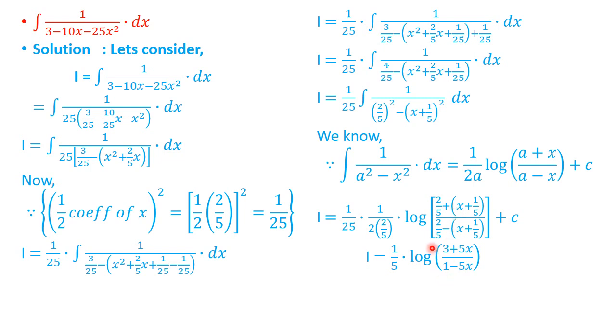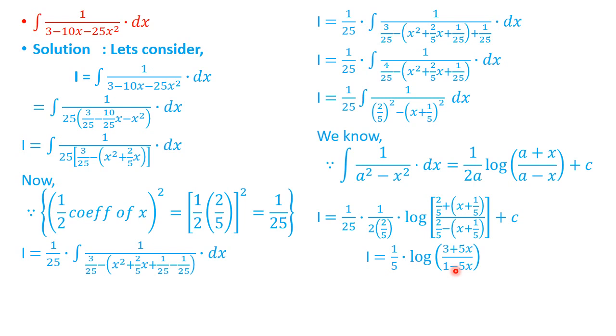For that purpose here 2 plus 5x plus 1. Now 2 plus 1 is 3, and this 5x upon common denominator 5, 5 gets cancelled. And again 2 minus 5x minus 1, 2 minus 1 is 1.